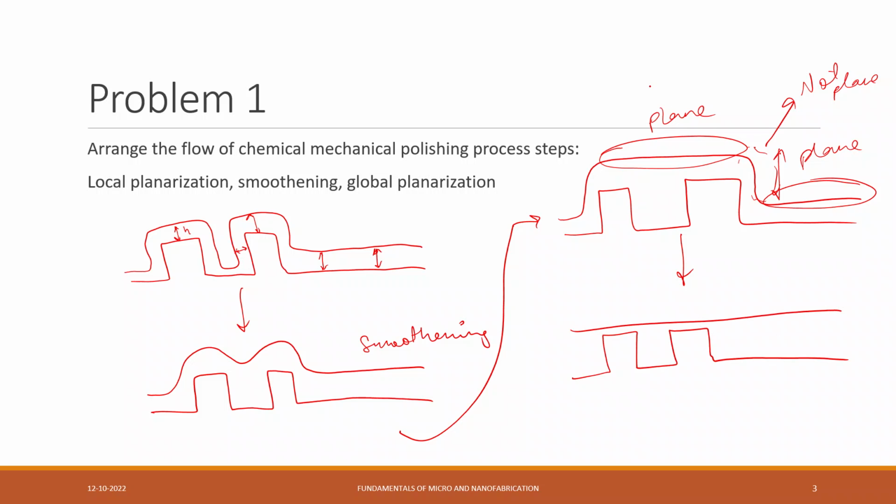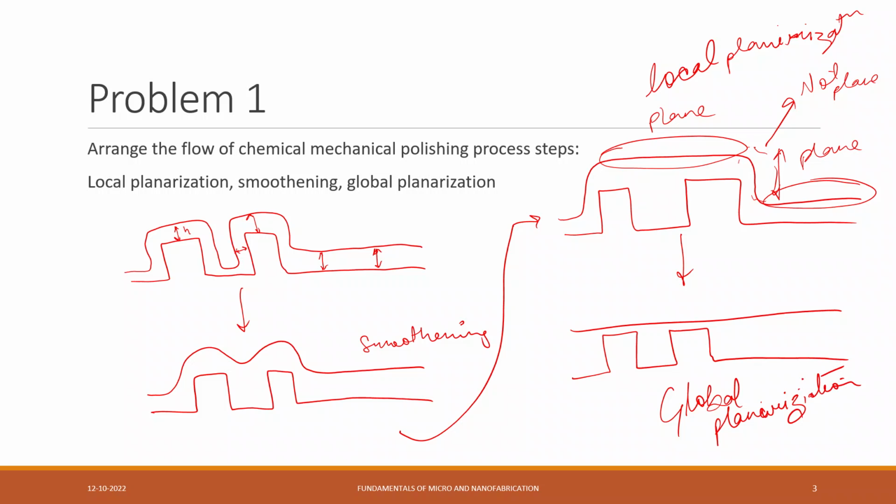This is local planarization, and this is global planarization. So essentially the first would be local smoothening, then local planarization, and then global planarization. That will be the flow.